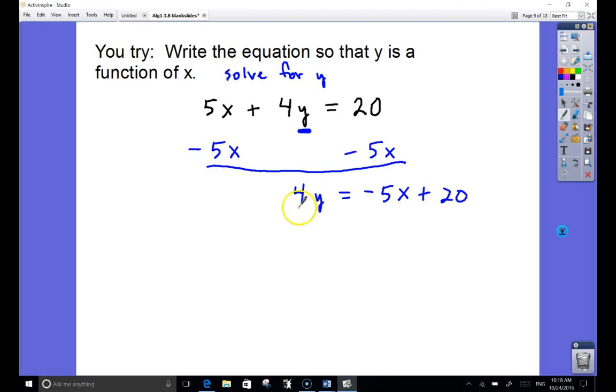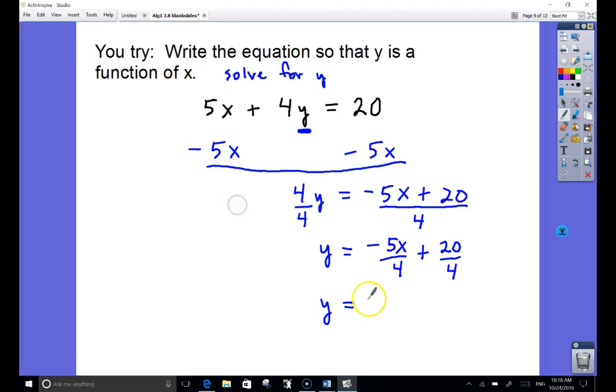Okay, last step, divide by 4. Remember to divide the whole side by 4. And then distribute that divide by 4. So it's negative 5x over 4 plus 20 over 4. Negative 5x over 4 plus 5.